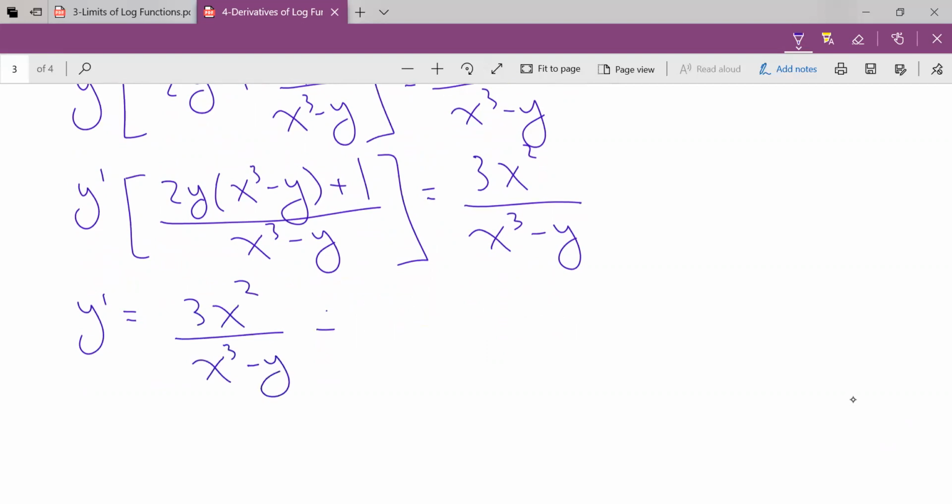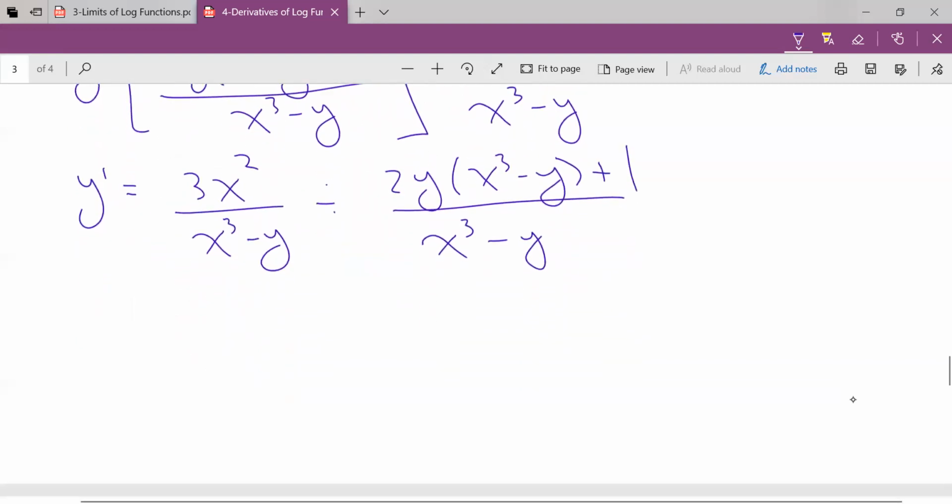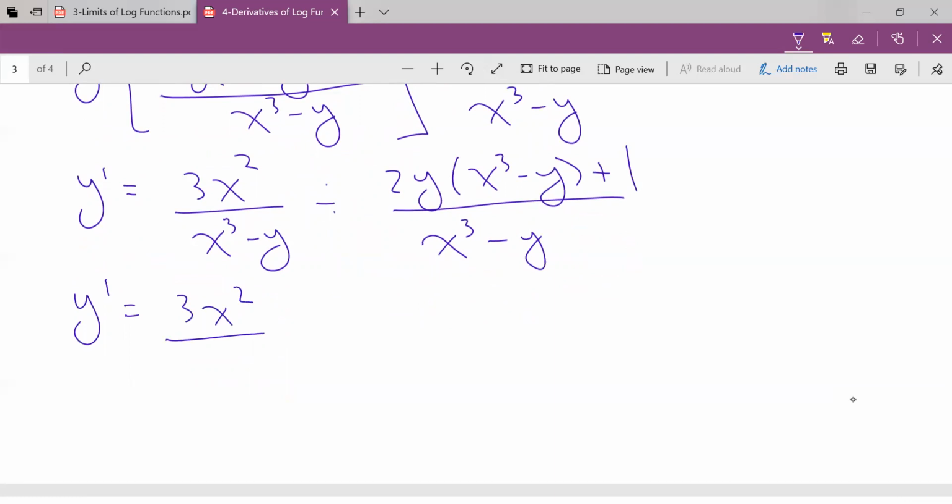So we're going to divide this whole thing by this guy here. Remember, when we're dividing rational functions, we turn it into multiplication. We multiply by the reciprocal. This is the question that never stops going, right?